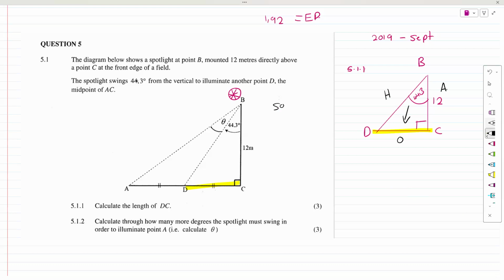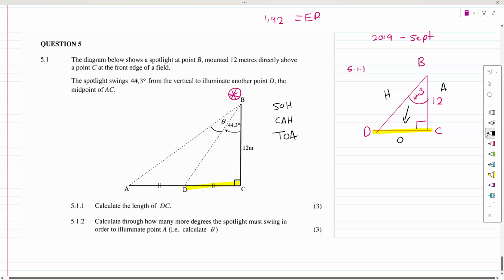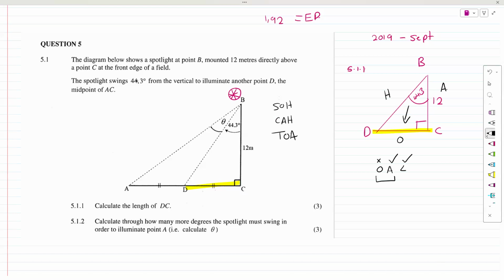In terms of SOHCAHTOA, it depends on what they want, but they want the opposite. We have the adjacent, and we also have the angle. O and A uses tan. So tan of 44.3 equals opposite over adjacent.